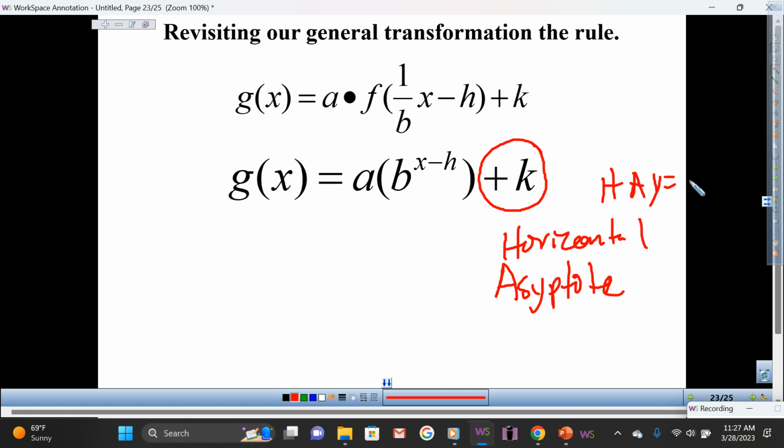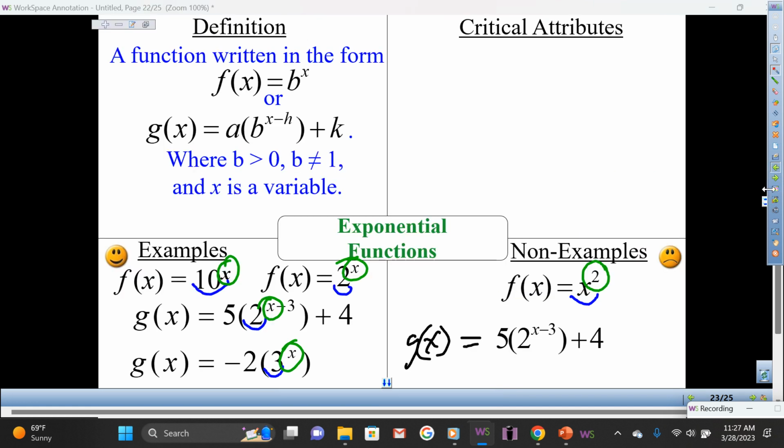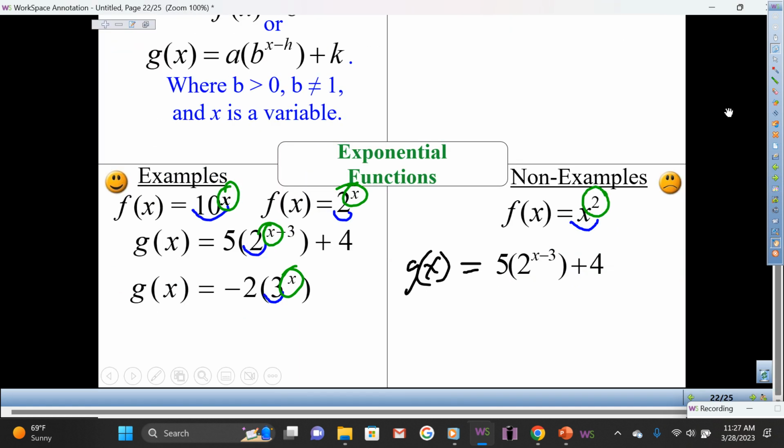Okay? So, today we're going to be looking at exponential functions using this general rule for it. And I just want to get us started with the parent function, which I already gave you on the model over here. Look up. Three weeks ago, I introduced the parent functions, this one, and this one.